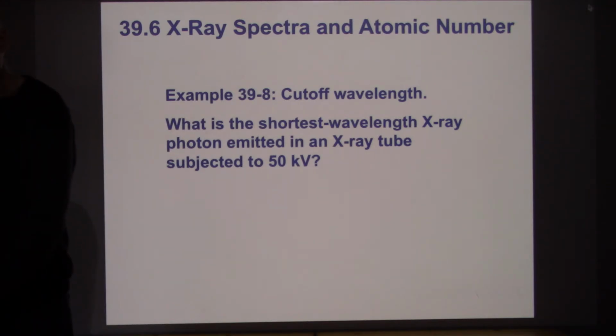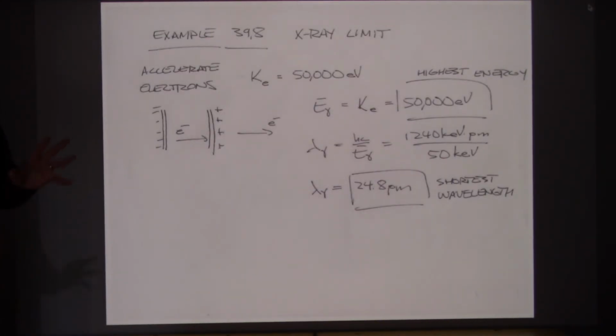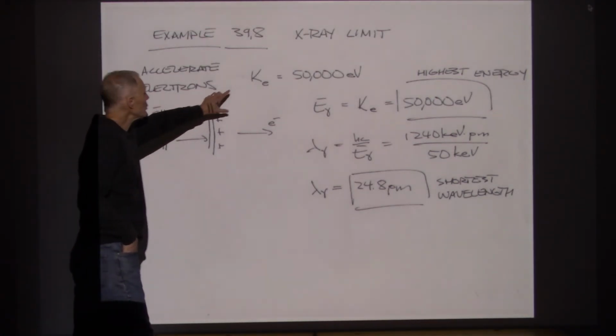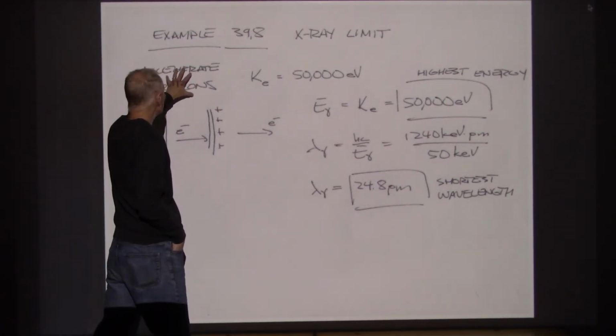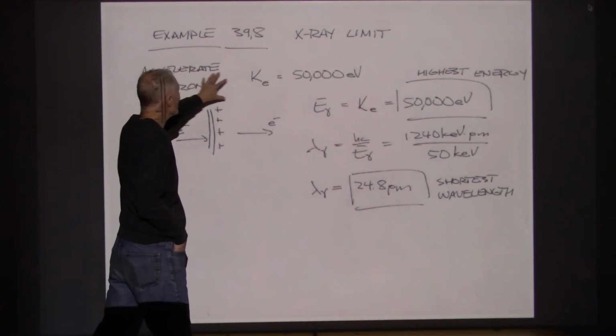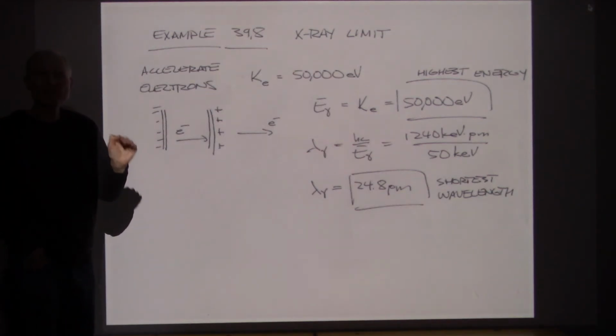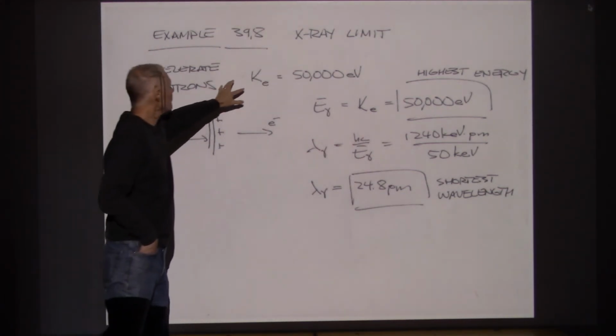Okay, what is the shortest X-ray photon emitted in an X-ray tube subjected to 50,000 volts? So let's take a look at this. We're going to accelerate those electrons. We're going to use 50,000 volts to accelerate them. That means the electrons coming out will have 50,000 eV of kinetic energy.